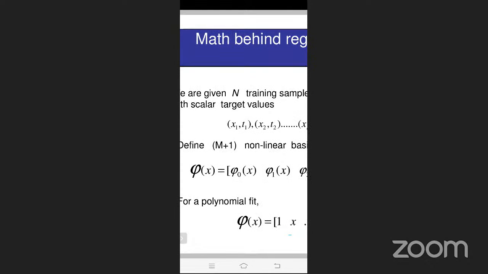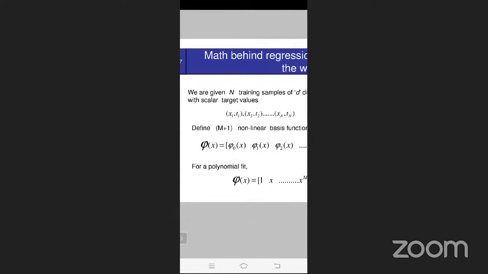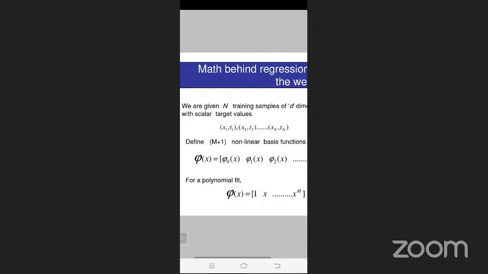If something is not clear, it's pretty okay, because it all depends on how much mathematics you are inclined to, since different people are from different streams. But at least the essence is those derivatives, the gradient and so on, which I discussed at the beginning of the class.